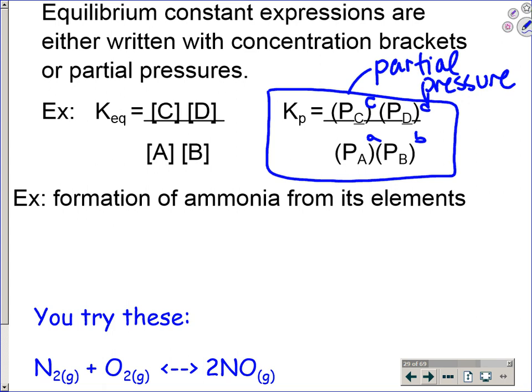Thank you. All right, so let's write out the equation for the formation of ammonia from its elements. Write that at your table. Formation of ammonia from its elements. If you don't remember what ammonia is, anybody? NH3. NH4 is the ammonium cation. So formation of ammonia.